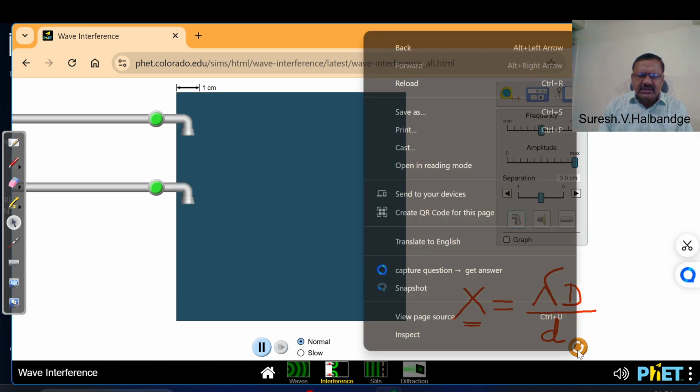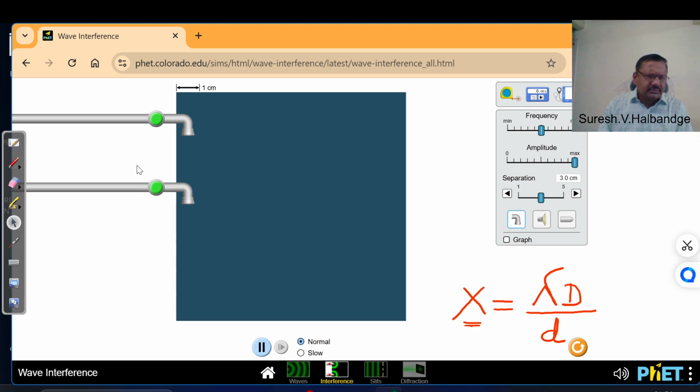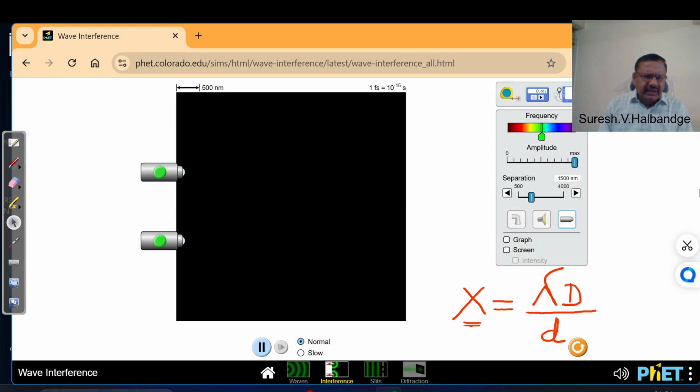Now here I can reduce the distance between these two. A separation between these, with the help of this cursor, I can increase or decrease. This is a small d, I am reducing it. I'll keep the distance between them minimum, right? So small d is minimum, so X bandwidth will be more.